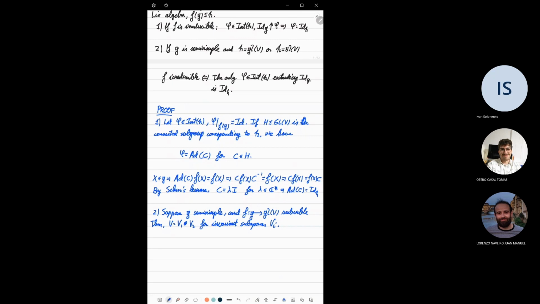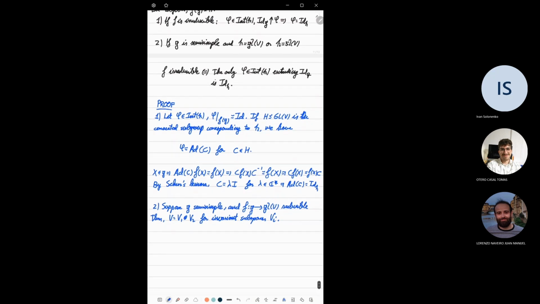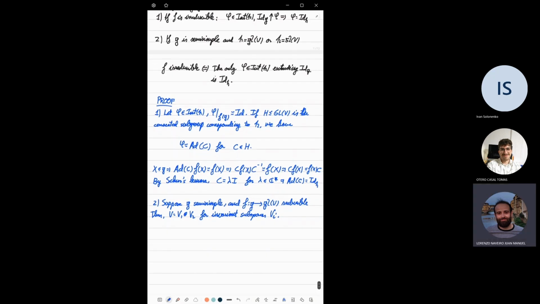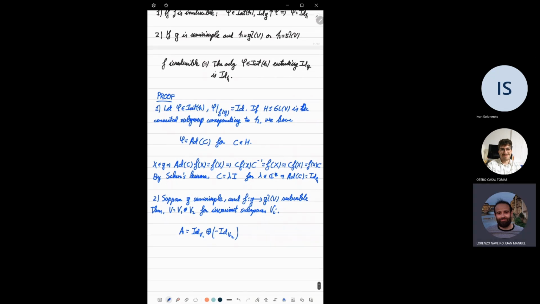Then take, for example, A to be the identity map on V1 and minus the identity map on V2. This map is obviously an equivariant map with respect to the action of G.